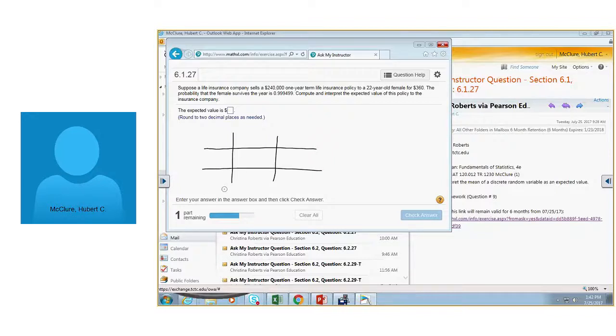Remember this is your event, and this is your probability of the event. The event that you live has a probability of 0.999499. The probability of you dying is what is it? 0.000501.